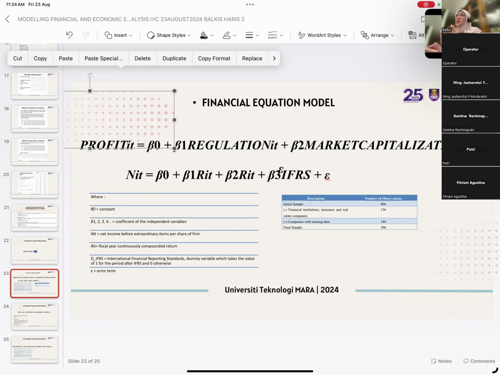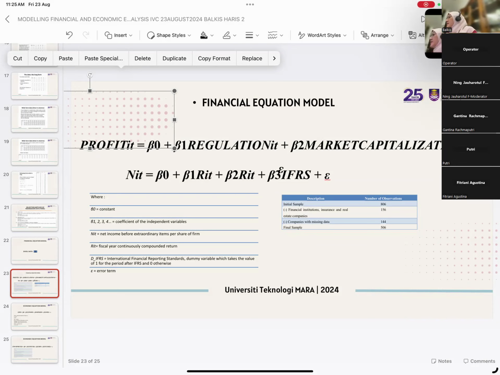So when we include all the banks as part of our sample, and we have several years of data, before regulation and after regulation, that means we have several entities and several time periods. Therefore, it is known as panel data.